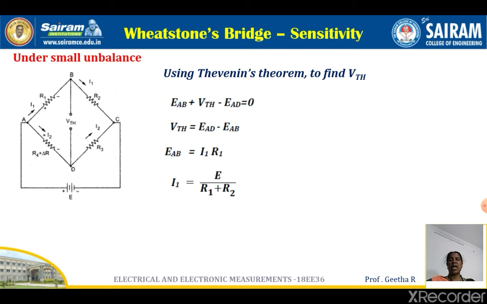Already we have seen I1 is E by R1 plus R2. When that is substituted here, EAB can be written as E into R1 divided by R1 plus R2.